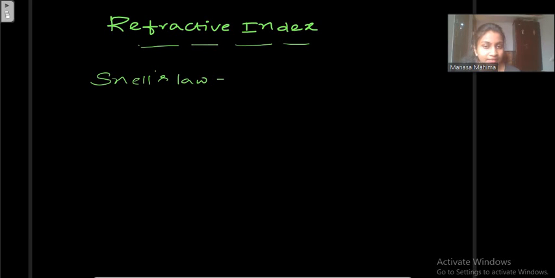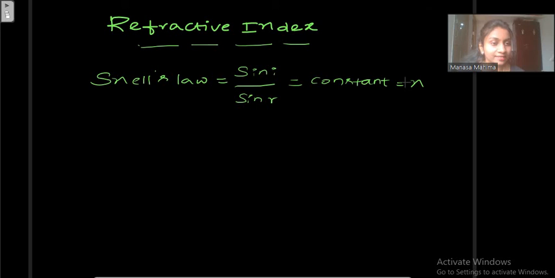How can we define Snell's law? It is defined as the ratio of sine of angle of incidence to sine of angle of refraction, which is always equal to a constant, and that constant we call the refractive index. Refractive index is generally denoted by the symbol n.